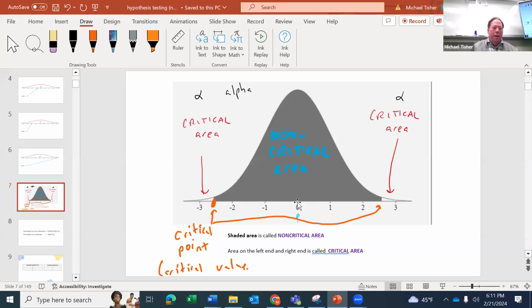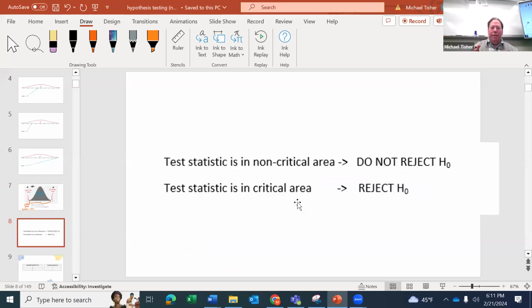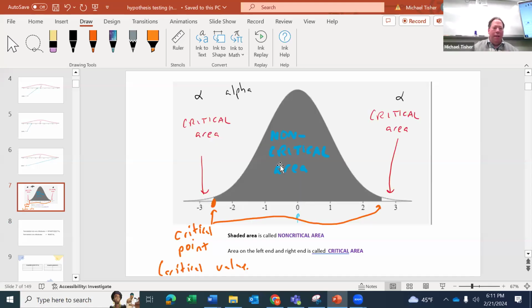But if the test statistic is in the critical area, we would reject the H0. So the philosophy is, say the population mean is in the middle, and if we get a sample statistic like a sample mean that is too far away, it'll be in the critical area. Then we can reject that guess that the population mean is such and such.